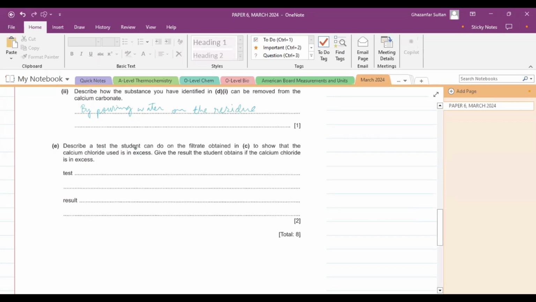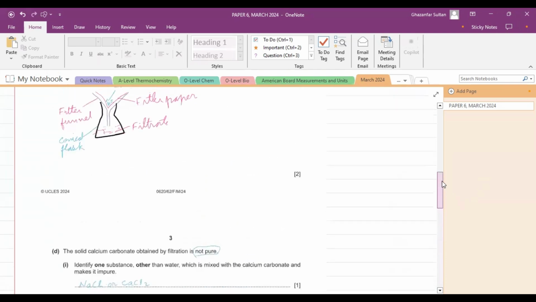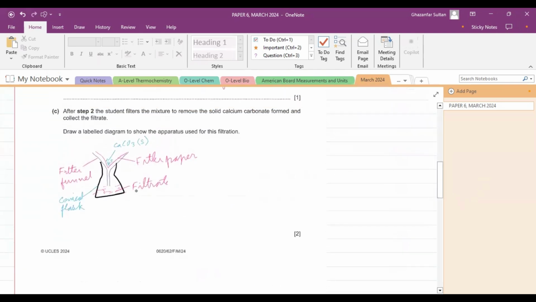Describe a test the student can do on the filtrate obtained in C to show that the calcium chloride used is in excess. Give the result the student obtained if the calcium chloride is in excess. As we have already mentioned in this diagram, this filtrate contains NaCl as well as the excess calcium chloride.